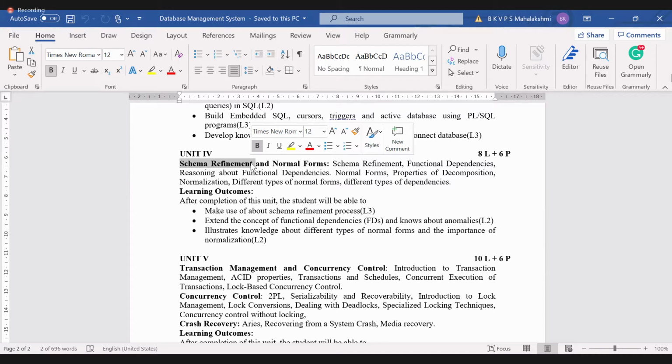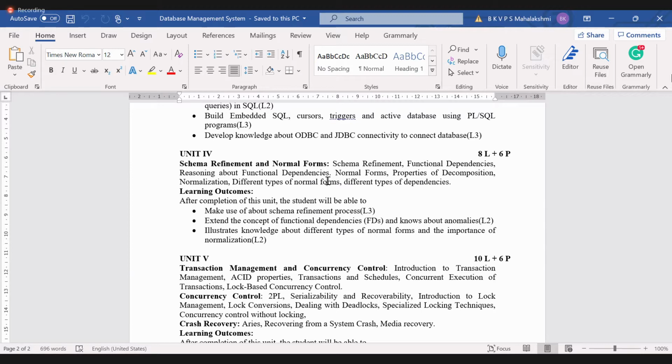That is called schema refinement. The main advantage of refining the schema is to avoid redundancy. So how do we avoid redundancy? Using normal forms. Actually there is a keyword called normalization. Normalization consists of a large procedure.